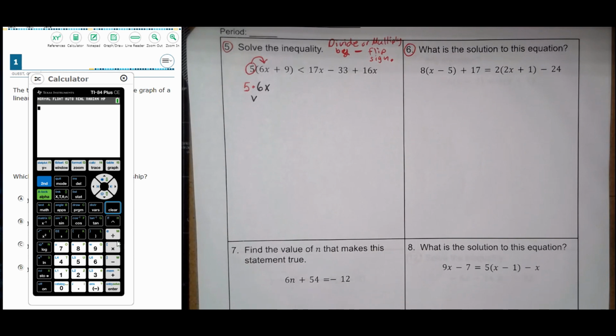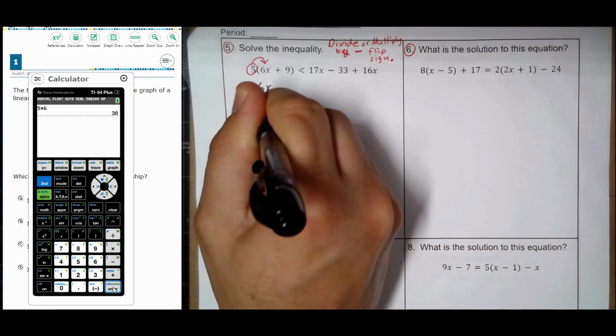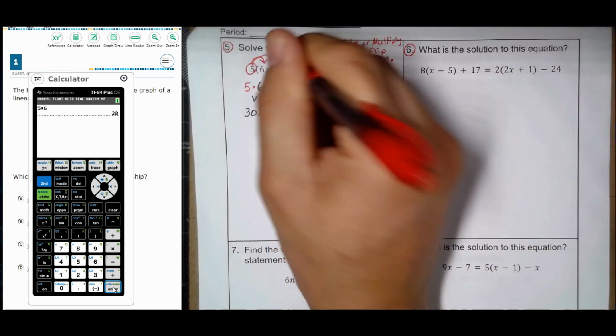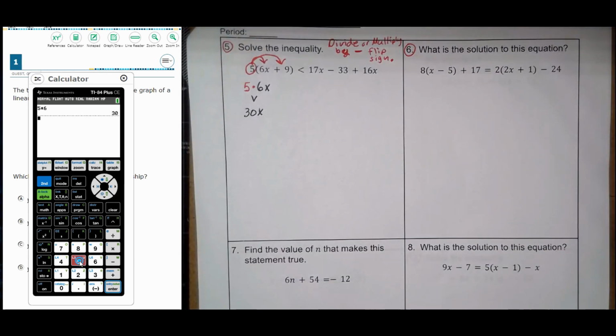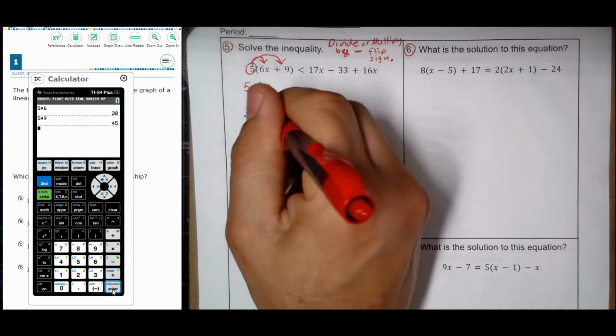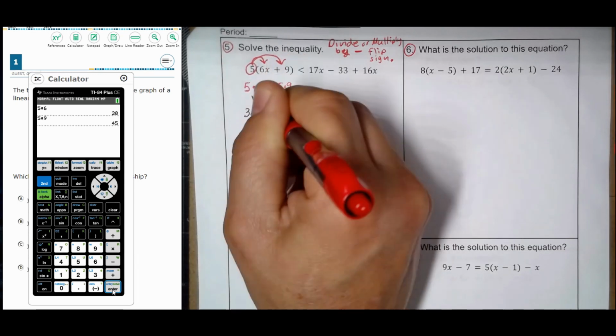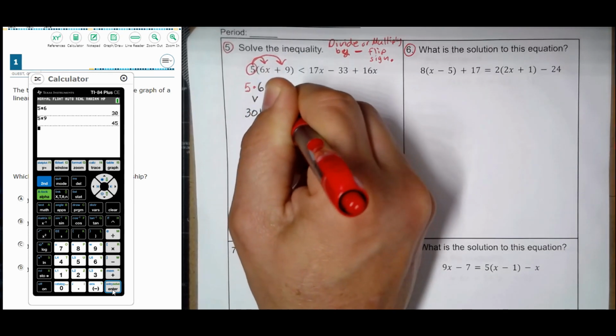I simply multiply the coefficient times my constant value. 6 is the coefficient, and it's being multiplied by 5, and that's 30. So therefore, this is actually 30x. Then I'm going to take that 5 and multiply it by positive 9. So 5 times 9 is positive 45.